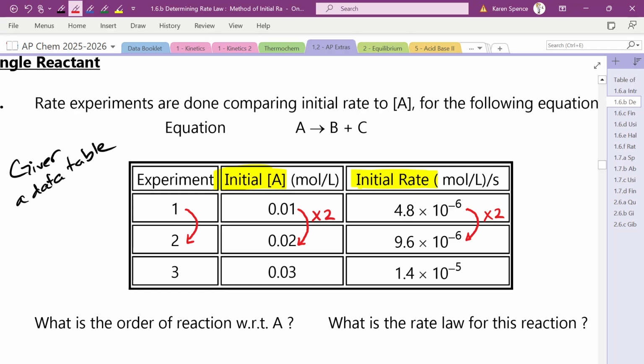If you have trouble seeing that, you can always take 9.6 times 10 to the 6 and divide by 4.8 times 10 to the 6, and you'll get 2. Yes? Now, if these are the same, then what's our exponent?